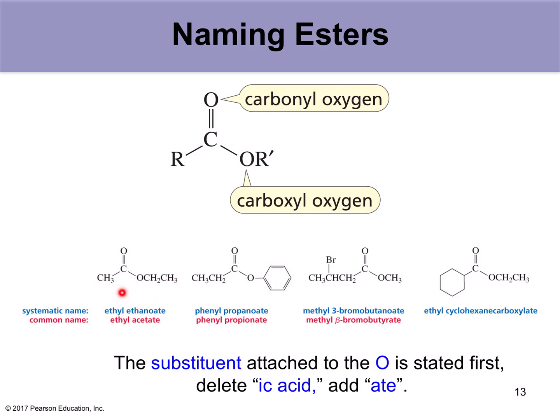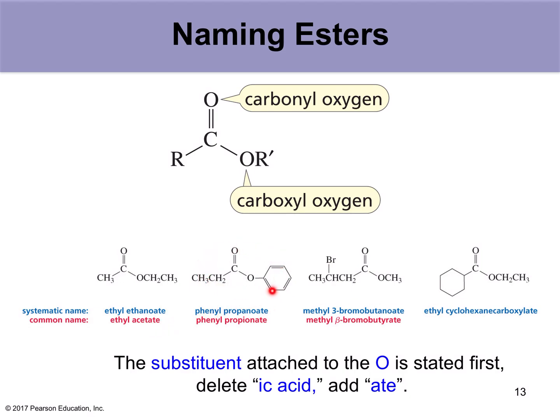Then you number from here to find the main carbon chain. 1, 2, 2 carbons long, so that is ethane, and it's going to end as oate. Ethyl ethanoate, coming from the 2-carbon ethane group, or ethyl acetate.